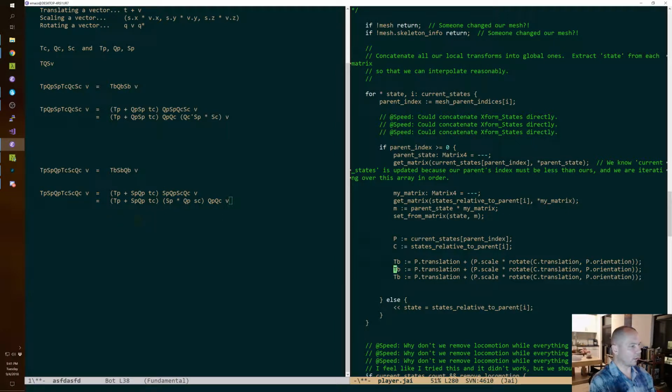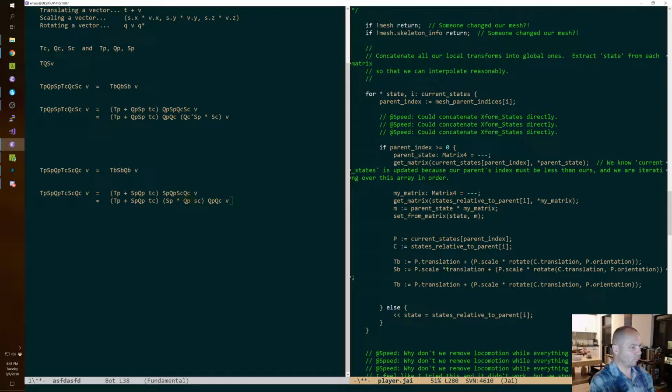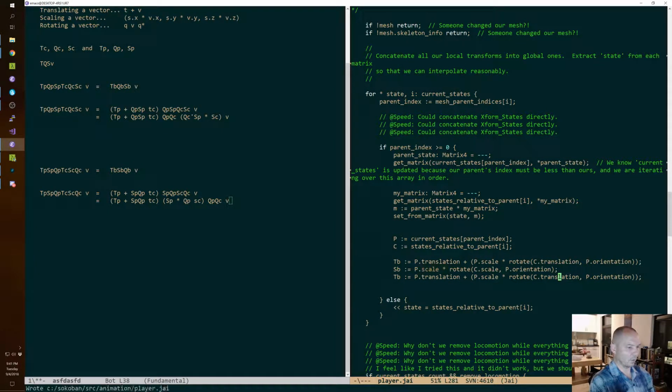So the scale for both is going to be the parent scale times rotate child scale by parent orientation, right? And the orientation of both is going to be p.orientation times c.orientation.